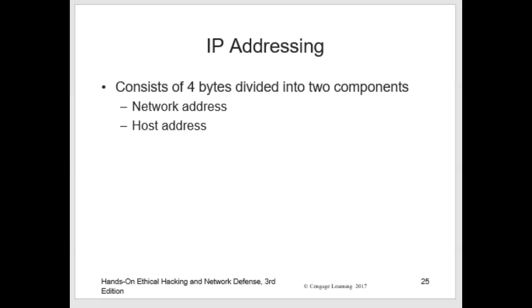So with that, at this layer 3, we are doing IP addressing. And an IP address consists of 4 bytes divided into 2 areas. This 4-byte address is divided into a network address and a host address, right?